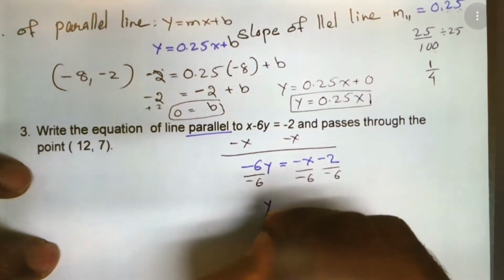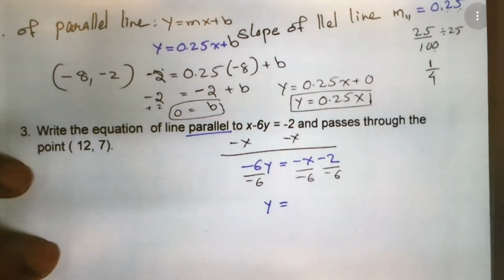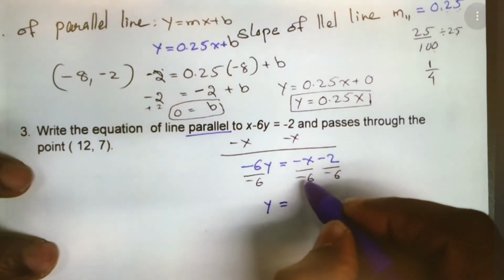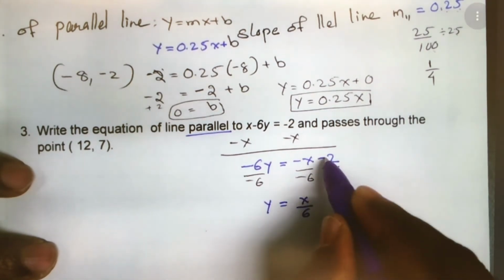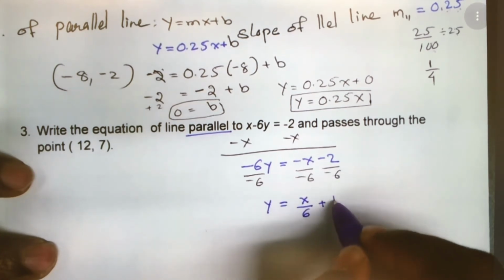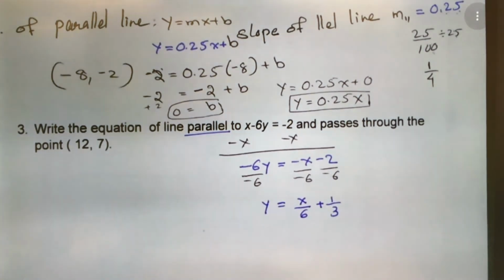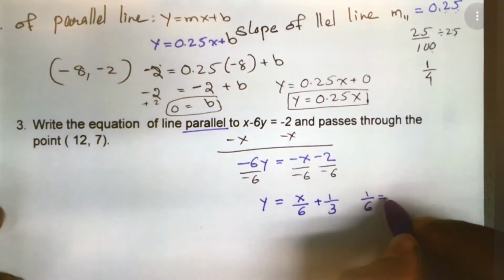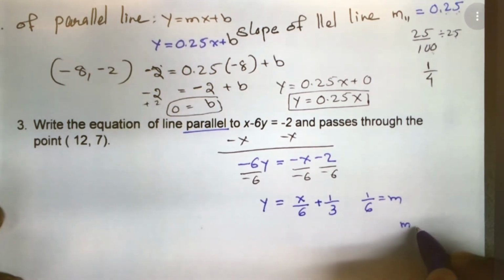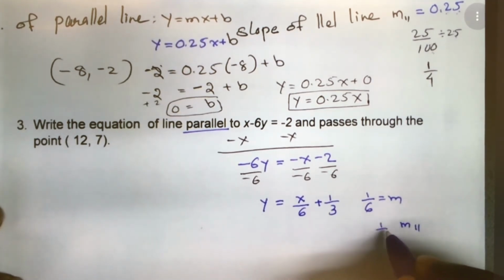I will get y is equal to, negative and negative become positive, x over 6, and negative and negative become positive, 1 over 3. The slope of my line is 1 over 6, and the slope of my parallel line is also 1 over 6.